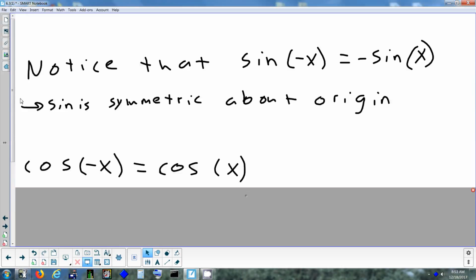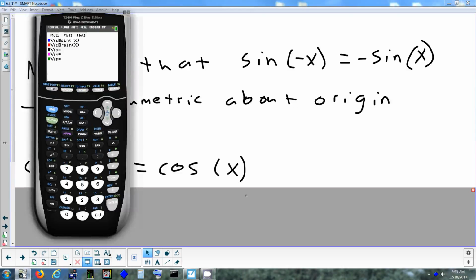All right. Let's try something a little different with cosine. I'm going to graph cosine with a horizontal reflection. So horizontal means over the y-axis, right? It's left to right. And then I'm going to graph the original. So we've got cosine negative x and cosine x.